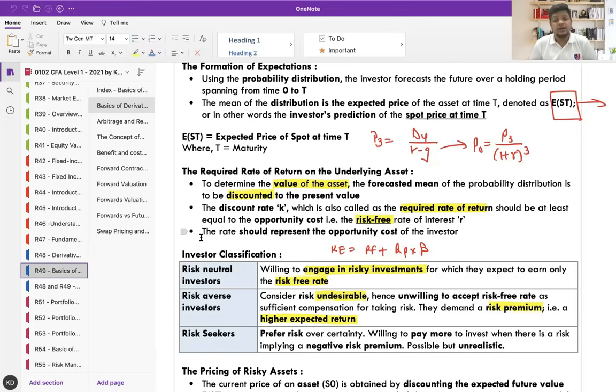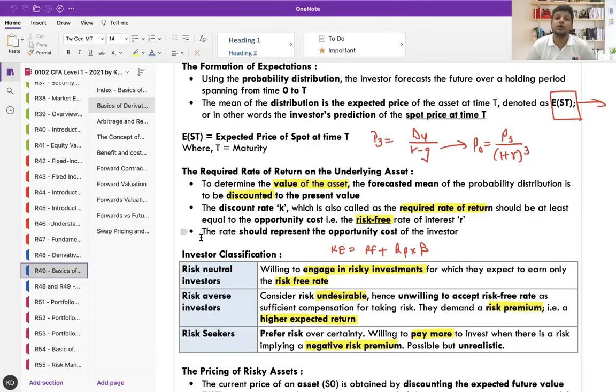On the extreme contrary, the risk seeker is the one who has a negative risk premium. They are willing to pay more to invest. They are willing to take more risk. They prefer risk over the certain part, right? And that's why we say it is quite unrealistic. It's not practical, but it's not completely impossible.